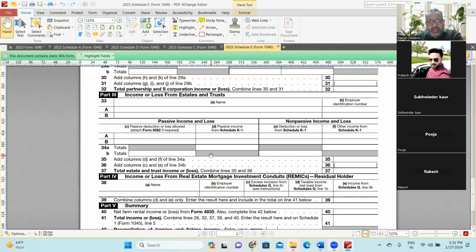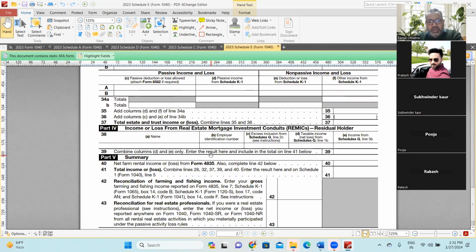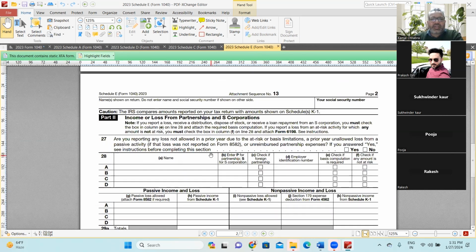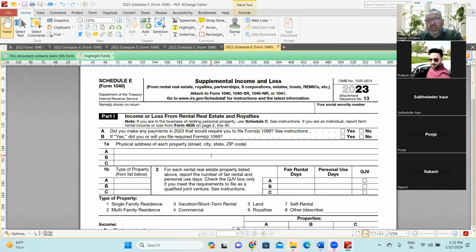Income from passive activity will also go here. Income from estate or income from trust will also come over here, and any mortgage interest which your client is charging also comes under Schedule E.